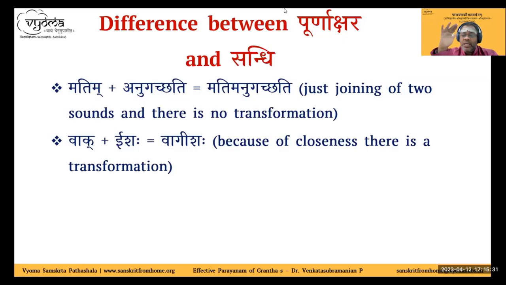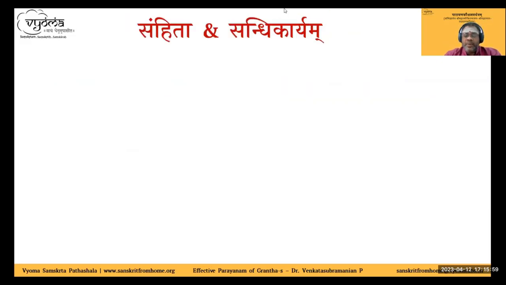So now Vak and Vag are not the same, which is why there is a change. This change is called Sandhi. Whereas in matim and anugachati, there is no change. It is just ma and a joining. Two sounds joining. This is the difference between the Gunitakshara we studied, the Sanyuktakshara we studied, and the Sandhi which we are studying now. Which is why all the things are being explained.